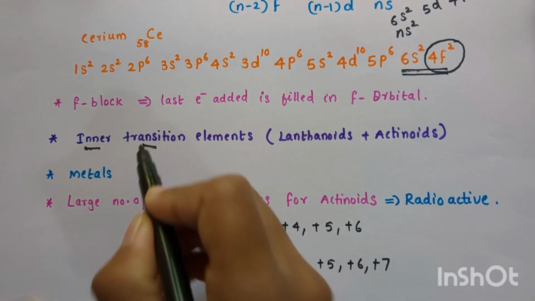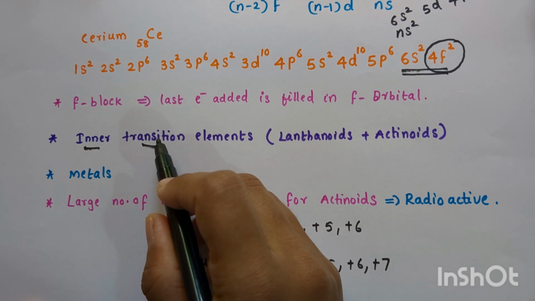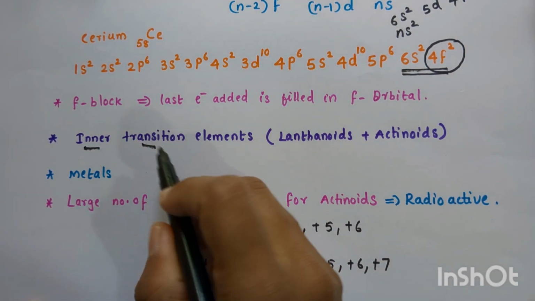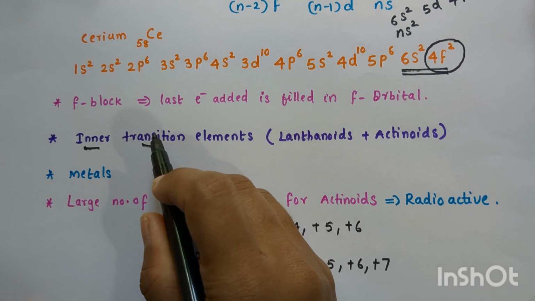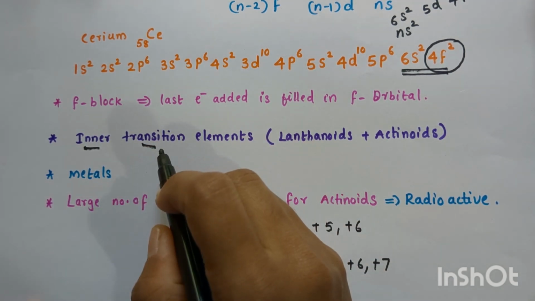And transition refers to the fact that these f-block elements exhibit a gradual transition in properties between s-block elements and d-block elements.